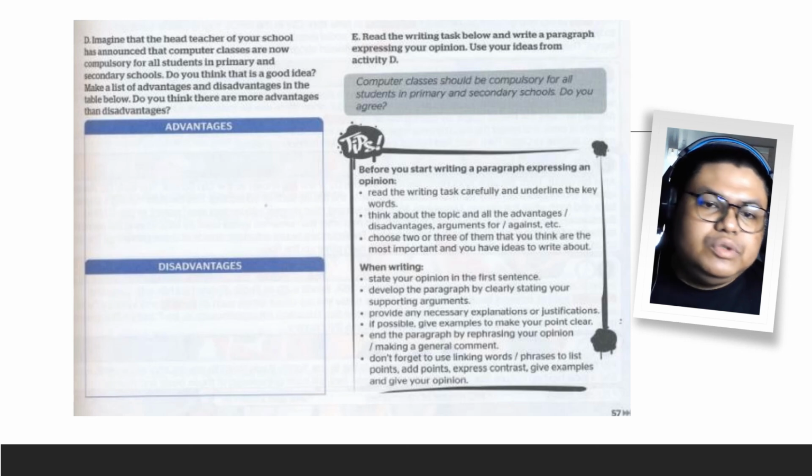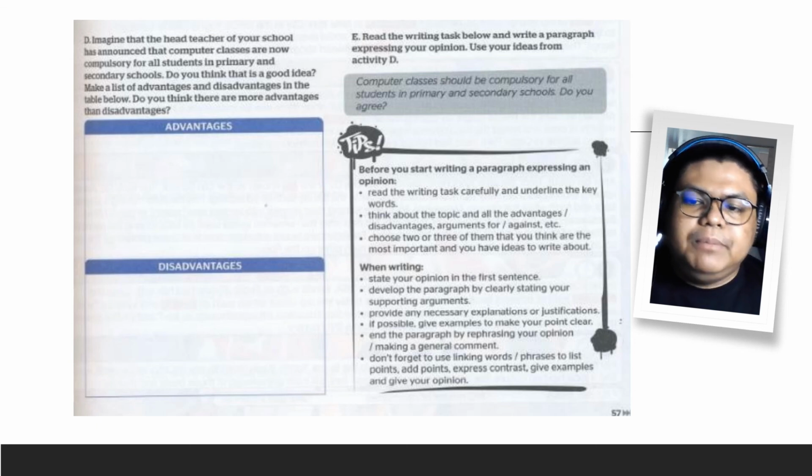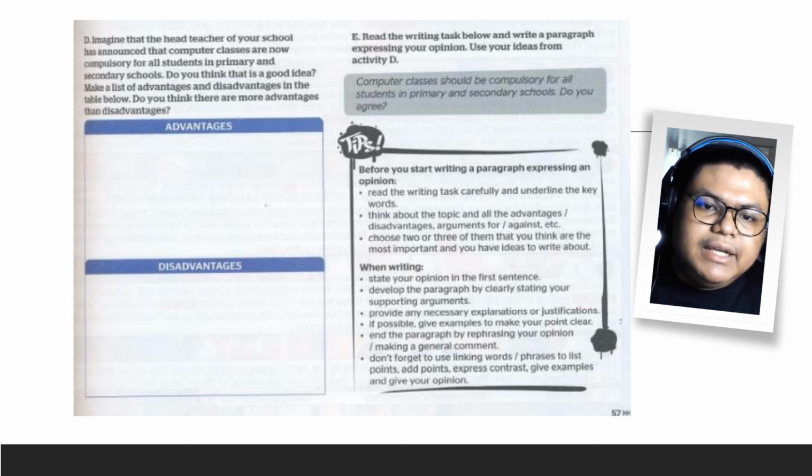Okay, and then you have to also explain and justify. Justify kenapa. Kenapa awak menyokong. Okay, kenapa awak menolak contohnya. Okay, if possible give example. Bagi contoh. Okay, and after that, sebelum awak tutup perenggan tu, what you have to do is you rephrase your opinion. Nyatakan lagi sekali.